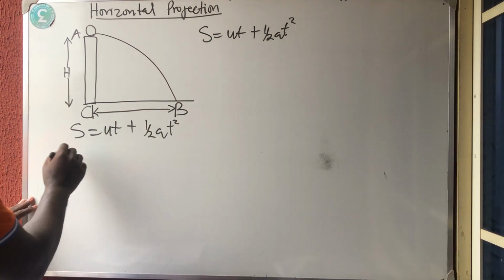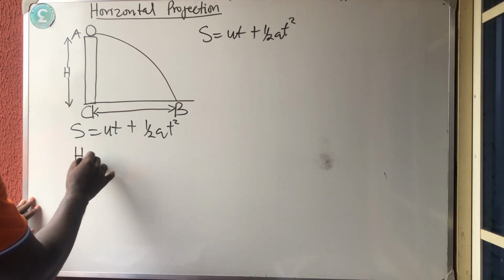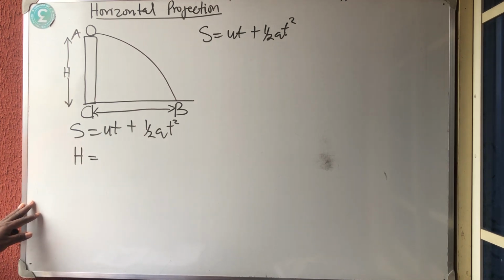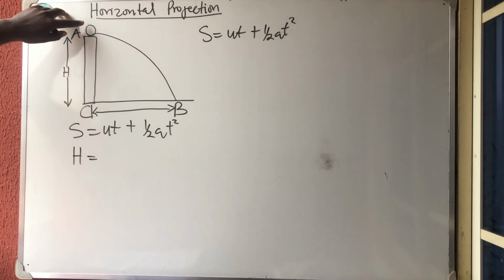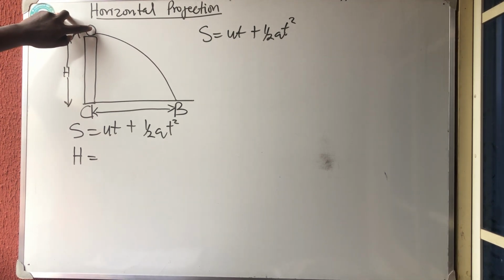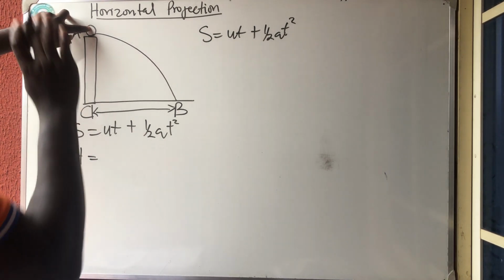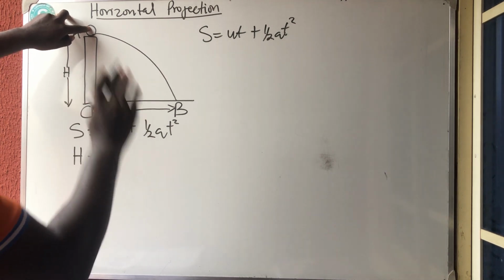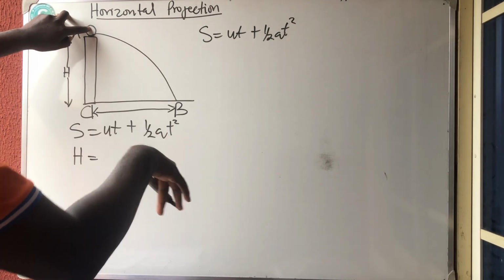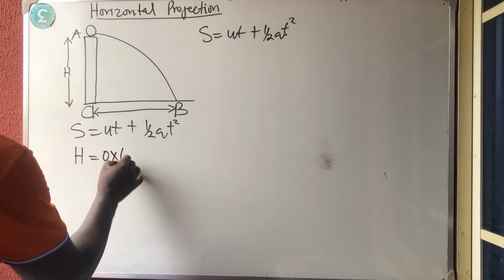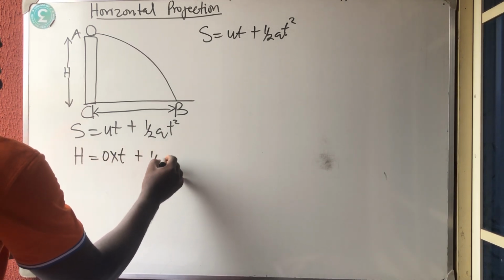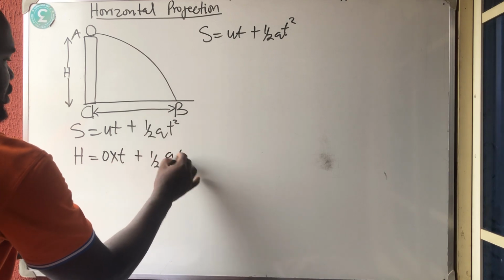Now H is our maximum height, which is equal to UT plus 1 over 2 AT squared. Since this body is on top of something, it is at rest, so the initial velocity is 0. So I have 0 times t plus 1 over 2 gt squared.